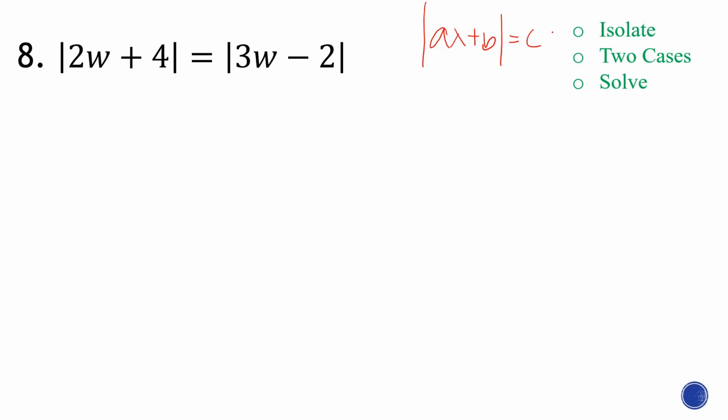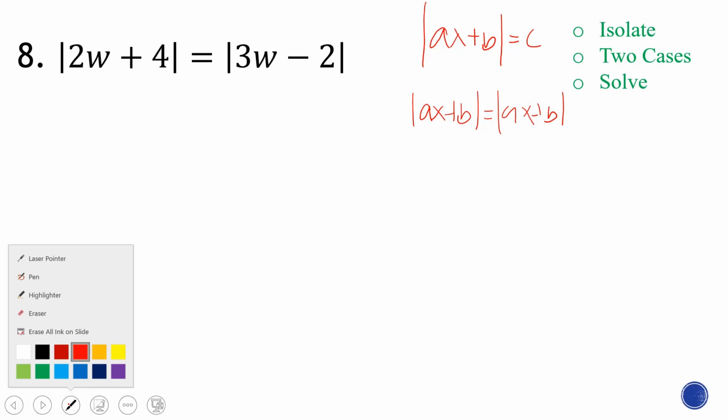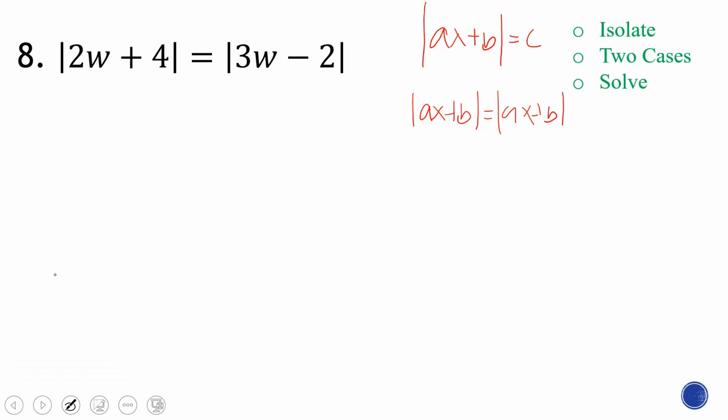But this absolute value equation is in this form, right? So meaning we can just separate this into two cases, and that would be just drop the absolute value bars.